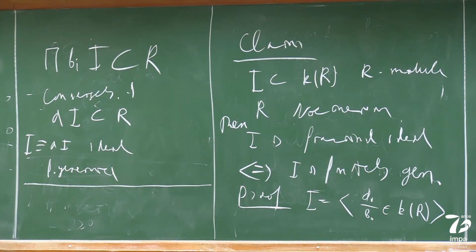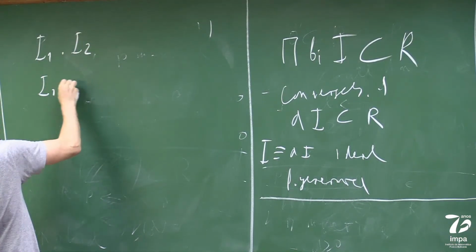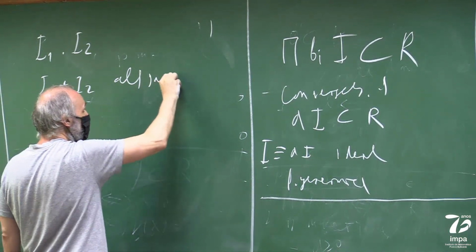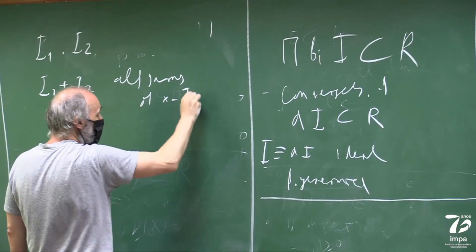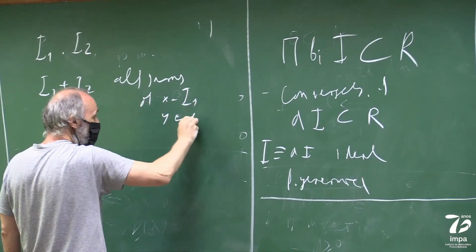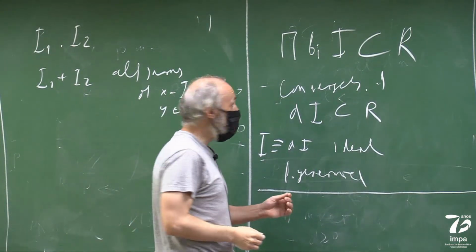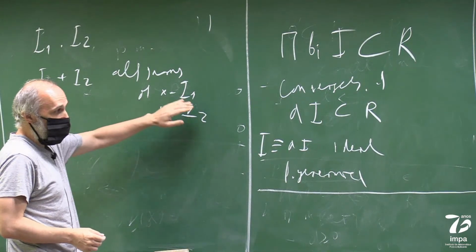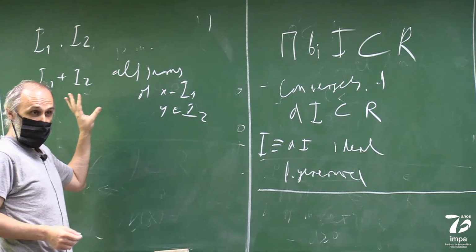If you have I1 and I2, then I1 plus I2 is all sums of x inside I1 and y inside I2. This is clearly also a fractional ideal. You just multiply by something which takes I1 to R and something which takes I2 to R, then this would be also moved to R.